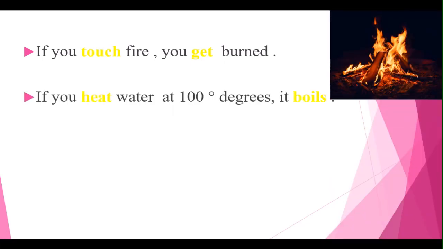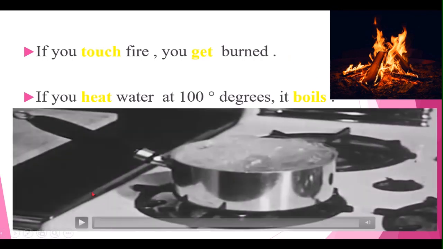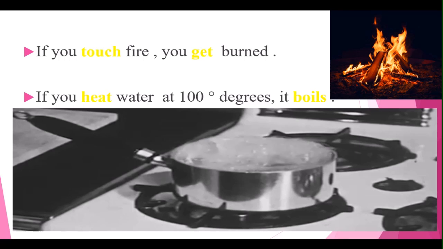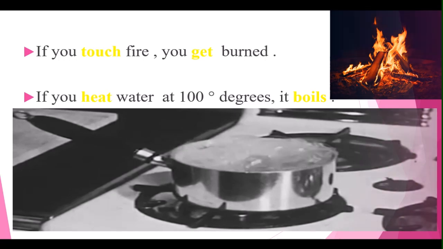Next sentence: if you heat water at 100 degrees, it boils. Can you find the verbs here? We have heat, which means to put on fire, and the next one, boils. So here we have water boiling. Okay.